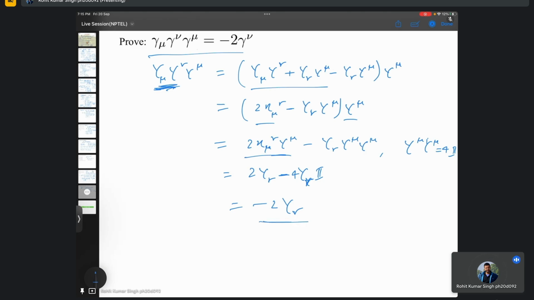So we have got the right hand side. Are the steps okay with you?